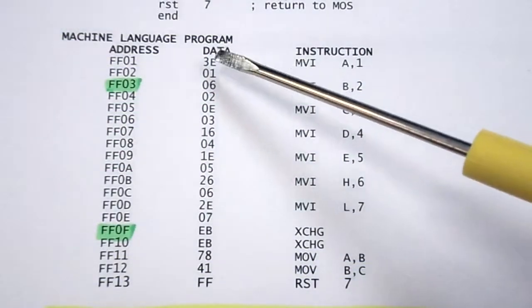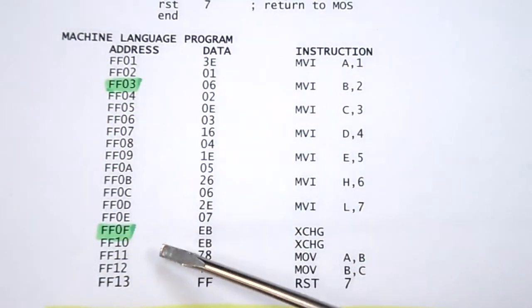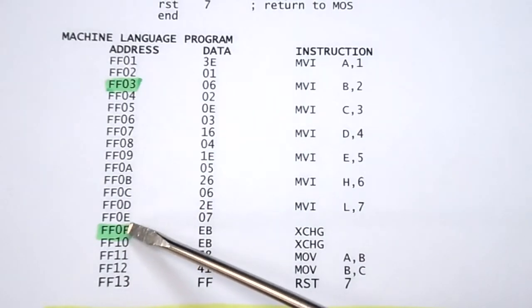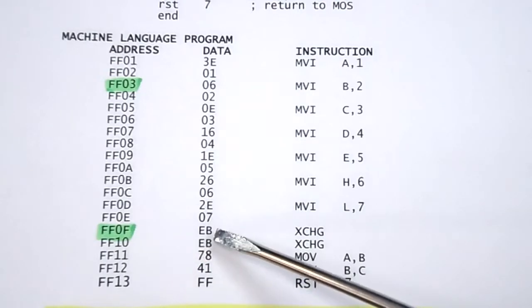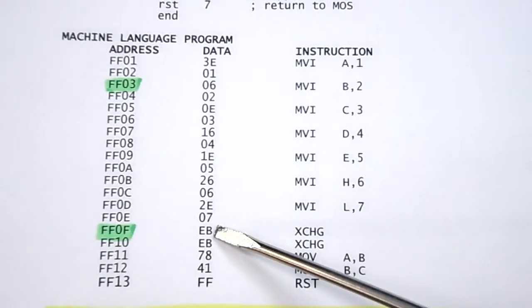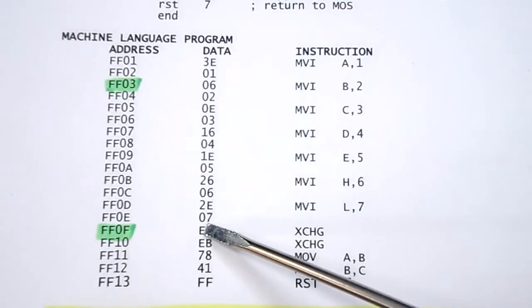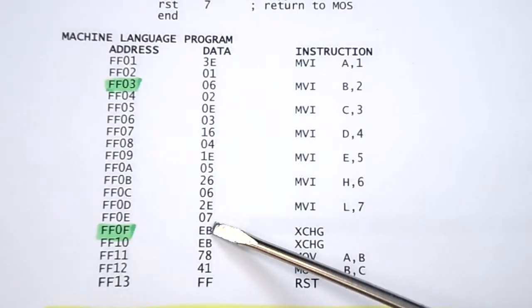So using the provided code, we're going to use the Monitor Operating System to insert a breakpoint at FF0F, and the command at that line is EB. So the Monitor Operating System should put in an FF at that location, and then when it actually does a run, it should replace it.